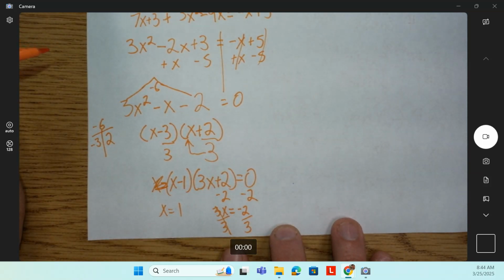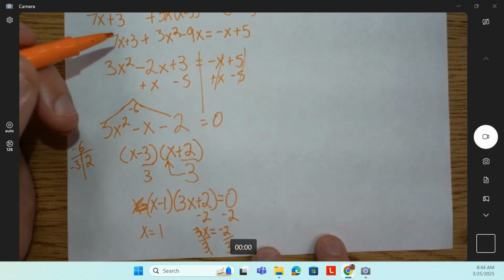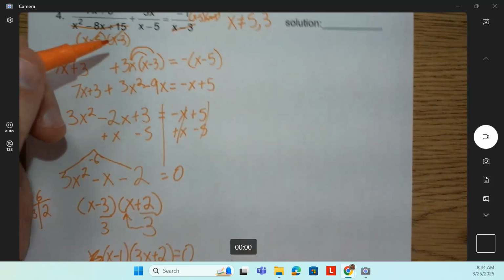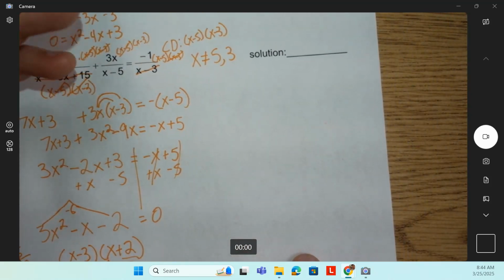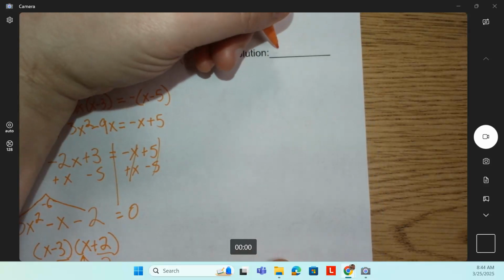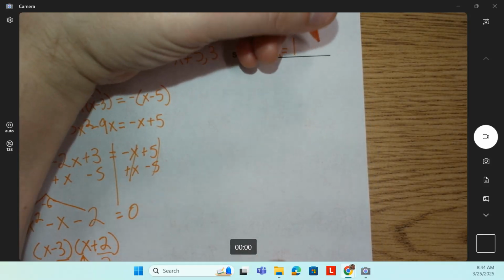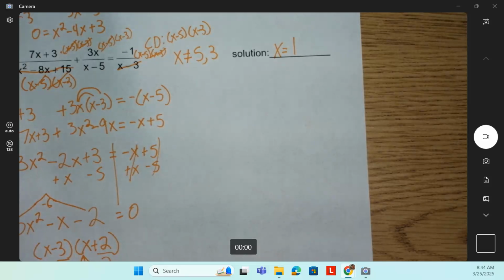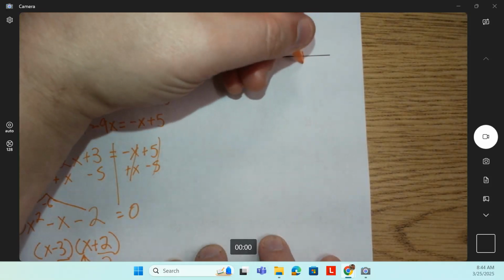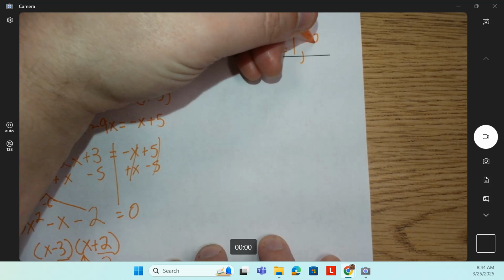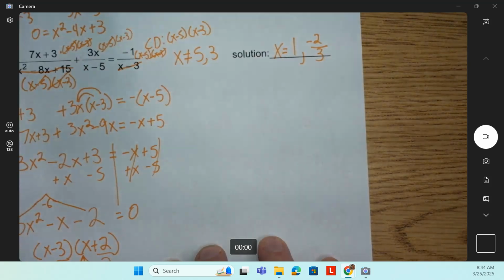And so since up at the top, 1 and negative 2/3 are not ones that are not allowed, my answer would be x equals 1 and x equals negative 2/3. So x could equal 1 and negative 2/3. Both would be your answer.